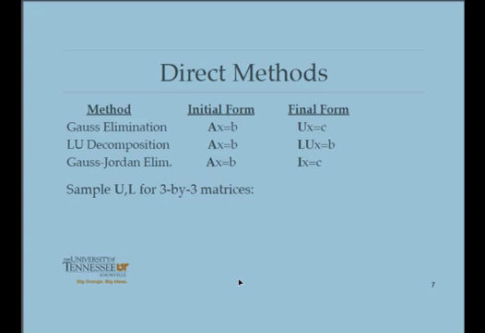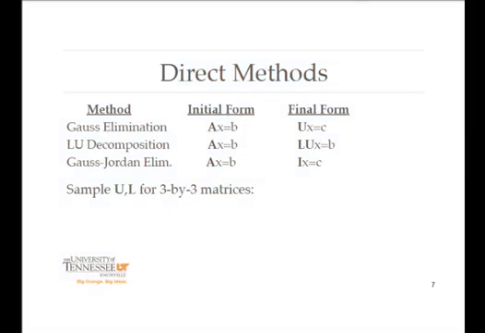In that formalization of solving the linear system AX equals B, again, A is the coefficient matrix, and B is your right-hand side vector, and X is the solution vector you're trying to solve for. Typically what you do in these systems is you try to reduce the original system of equations into another form.